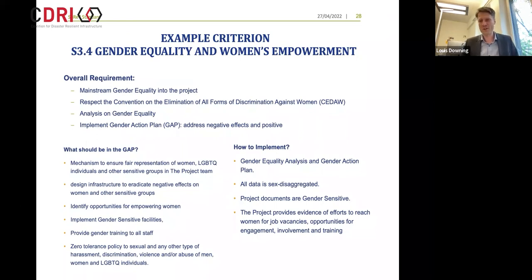So making sure that we're using inclusive language, especially around recruitment. That's very, very critical. And then to see that the project provides evidence of efforts to reach women for job vacancies, opportunities for engagement, involvement and training, and that includes in stakeholder engagement processes.